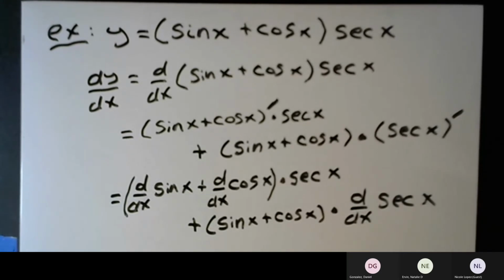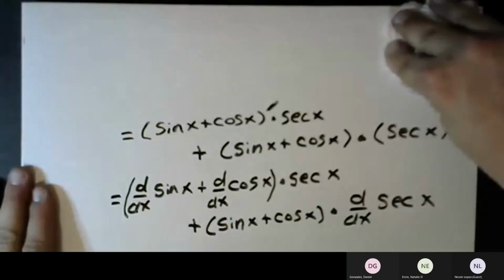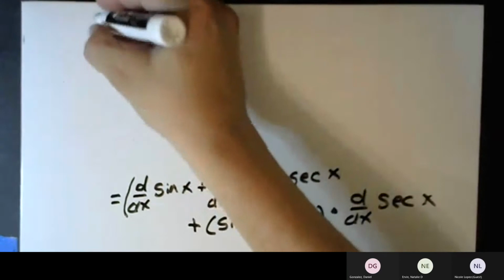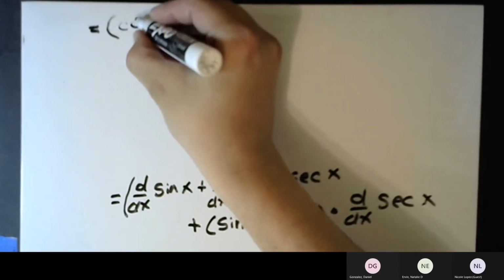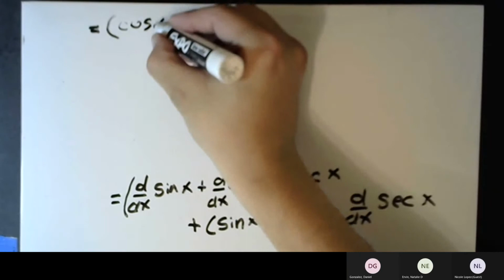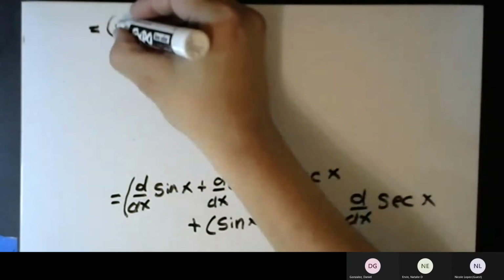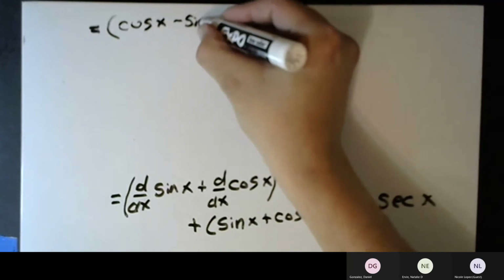And so now this is where we pull out our little cheat sheet, we flip back to the book and we take a look at some of these formulas that we're just starting to learn. So the derivative of sine, well, that's going to be cosine. The derivative of cosine is negative sine.